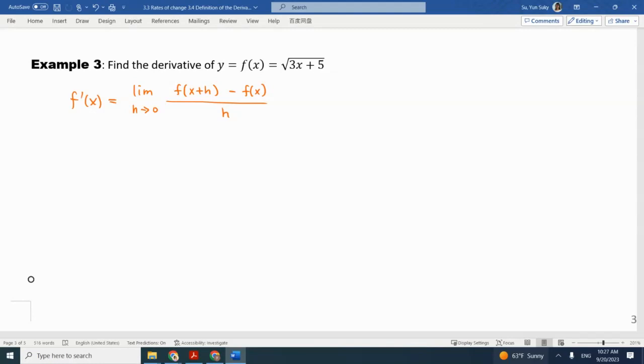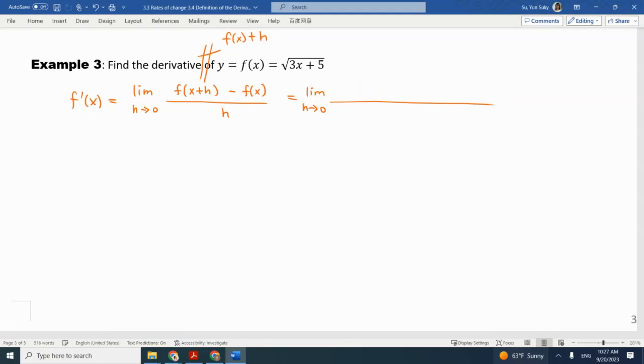This is the start. And then, what is f of x plus h? Well, that means you look at the formula of f and replace x by x plus h. Be careful. This is not f of x plus h. The common mistake is that students put 3x plus 5 minus h. No, not like that.